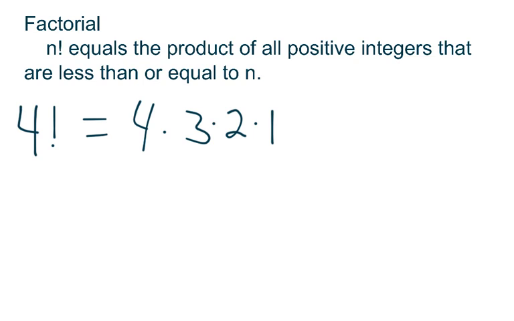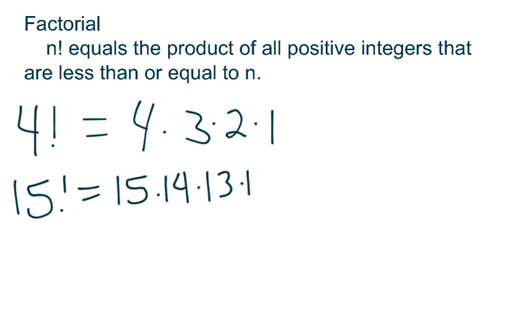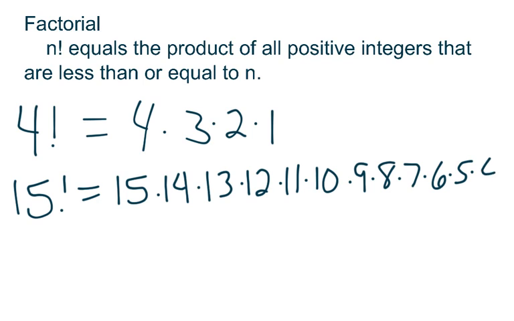We can do any other number factorial. For example, if you did 15 factorial, you would start with the 15 and multiply on down all the numbers, all the way down to 4 times 3 times 2 times 1. Any number, no matter how big, can be factorial, but it does get to big numbers pretty quickly.